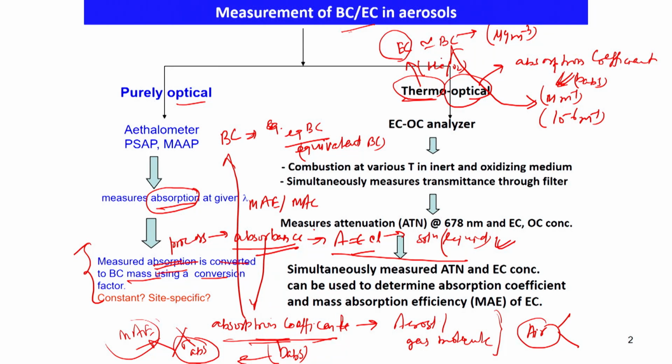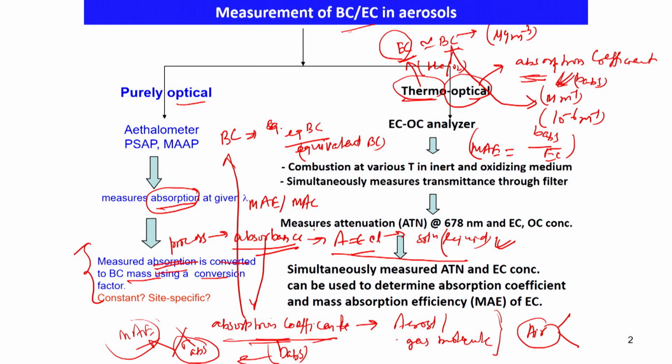So if I assume that all the absorption coefficient that I have received or calculated is because of the black carbon, or in terms of equivalent elemental carbon, I can calculate what should be the absorption efficiency of those black carbon particles. And simply, the mass absorption efficiency, we just get B absorption divided by EC.